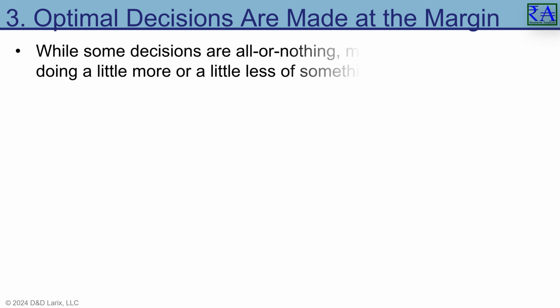We use the word marginal to mean an extra or additional benefit or cost from making a decision. The optimal decision is to continue any activity to the point where the marginal benefit equals the marginal cost. Marginal analysis involves comparing marginal benefits and marginal costs to make informed decisions. Consider this example.